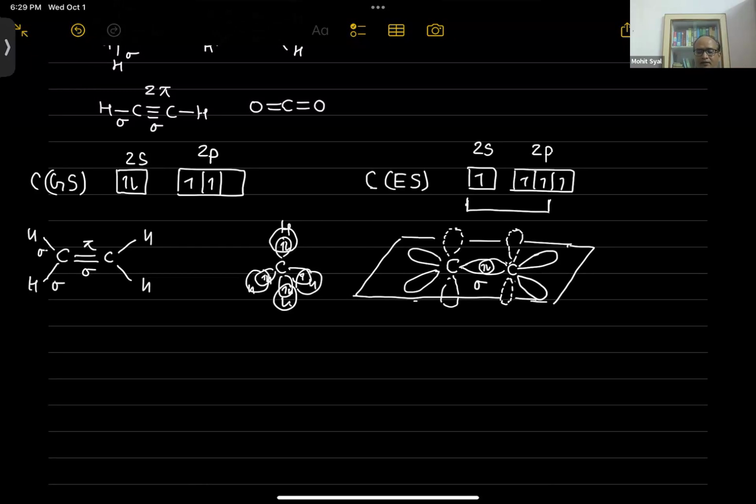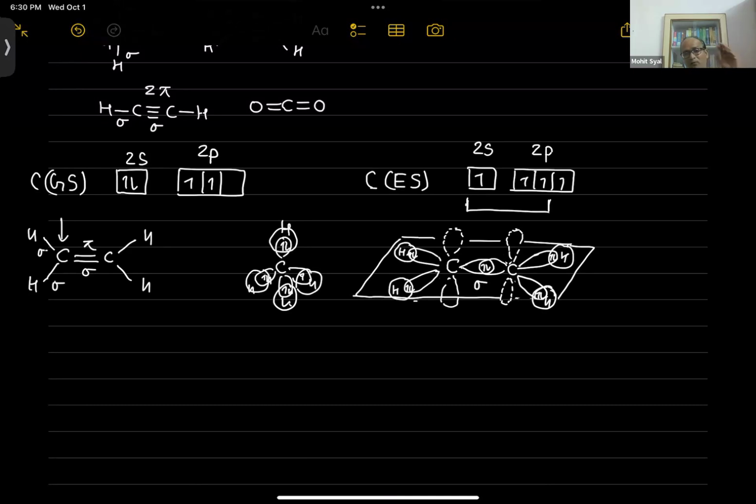Similarly, hydrogens come in and overlap head-on to form sigma bonds. Got it? For hybridization, you need to count the sigma bonds on one carbon atom only.